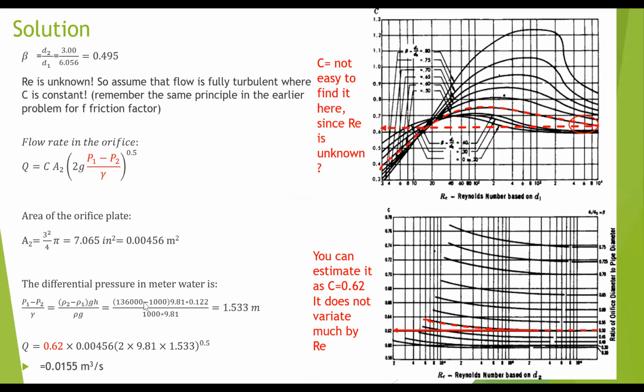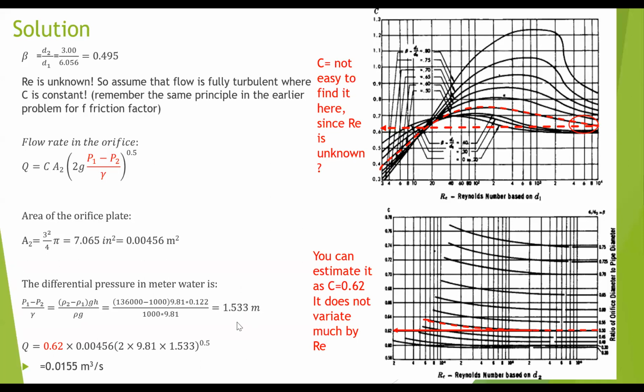This is quite important. If you don't do that, you are going to make a mistake. You should subtract the density of water from mercury. Then this is the height you are reading on the manometer. Then you can calculate the pressure difference in terms of meter. And this is the amount of pressure loss in pressure head.